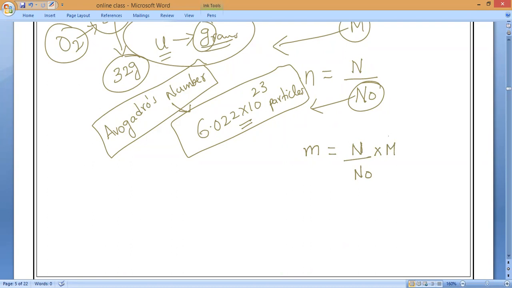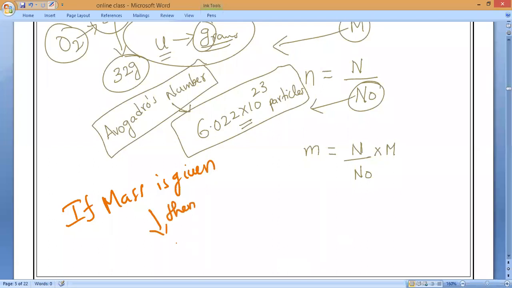Now I will put one statement. All of you remember, note down that statement. If mass is given, then immediately you have to find molar mass. Molar mass you must find whenever they are asking for the mass or giving the mass.